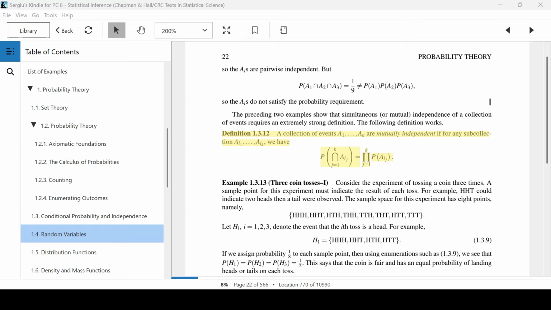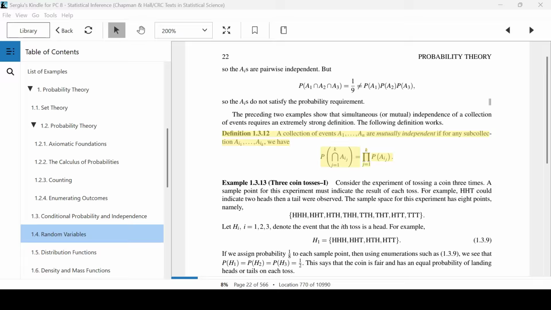And the last thing I wanted to cover is this concept of mutual independence. When do we say that three events are mutually independent, or when do we say that a collection of n events is mutually independent? We say that events A1 through An are mutually independent if for any subcollection we have that the probability of the intersection of these events is equal to the product of the individual probabilities.